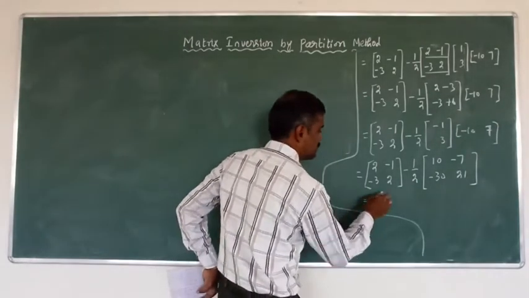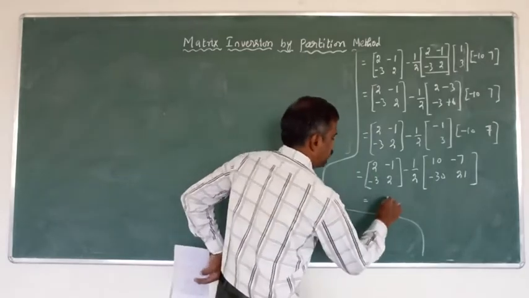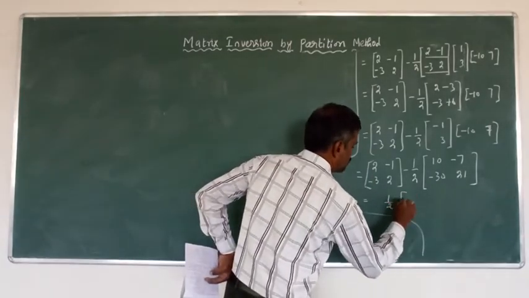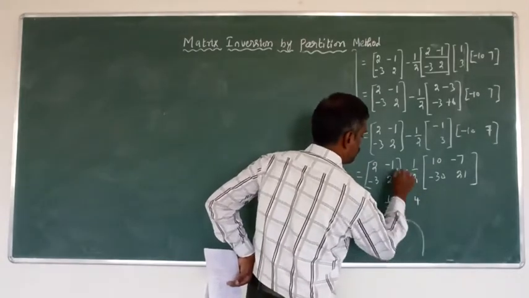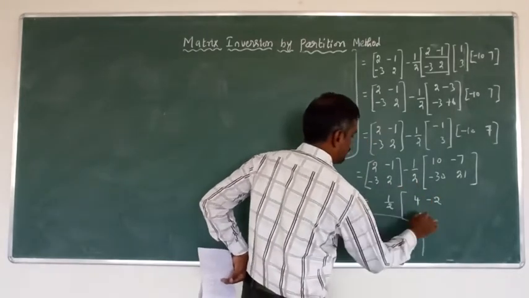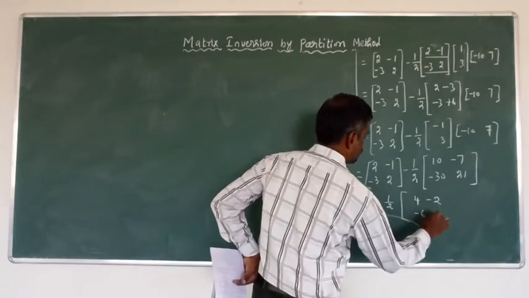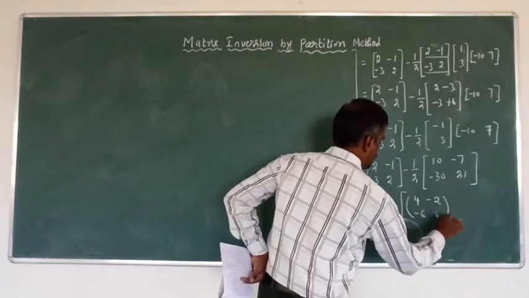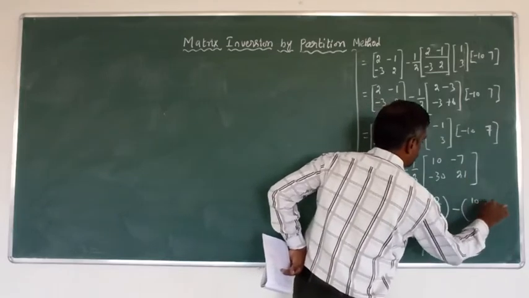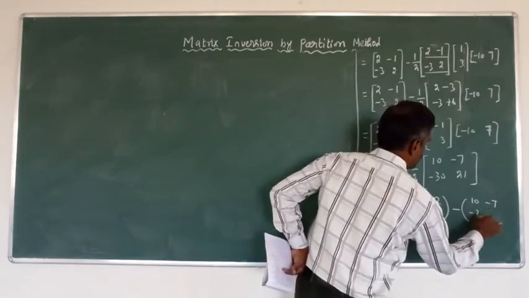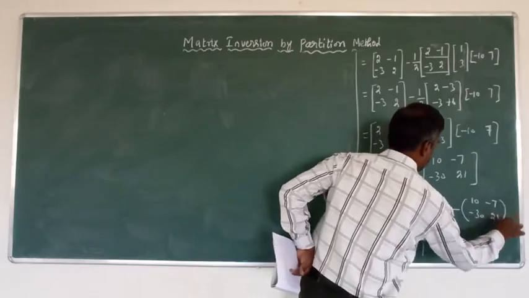We can take the 1 by 2 common, so we can multiply with the 2. This is for 4 minus 2, and here minus 6, and this is for 4, and minus this one 10, minus 7, minus 30 and 21.